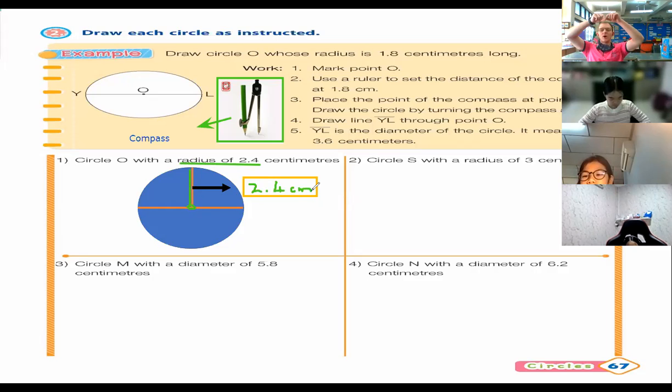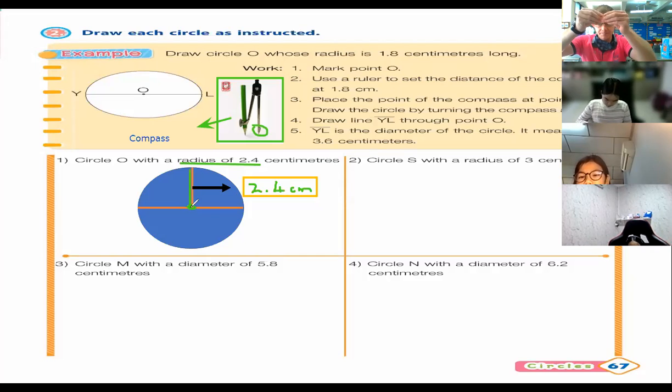So now we put our compass in the middle. The sharp pointy end we put in the middle of where we want to draw the circle. If you want to draw a circle with a radius of 2.4, we take our compass, put one side on the ruler, and measure 2.4 centimeters.